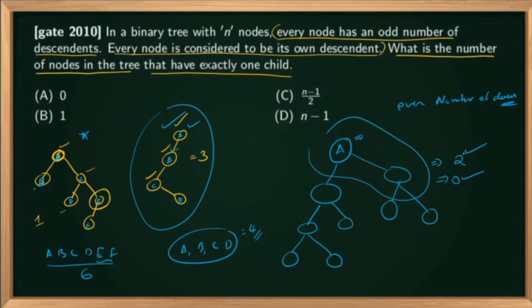So that means you will not have any node with degree 1. If you don't have any node with degree 1, then the number of nodes in the tree that have exactly one child will be equal to 0.